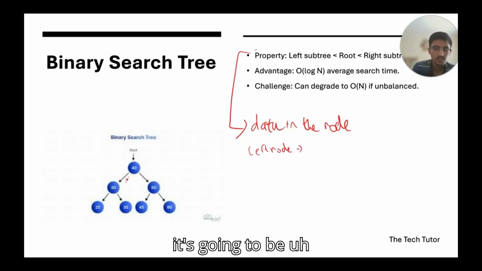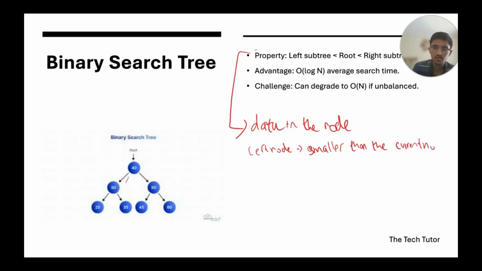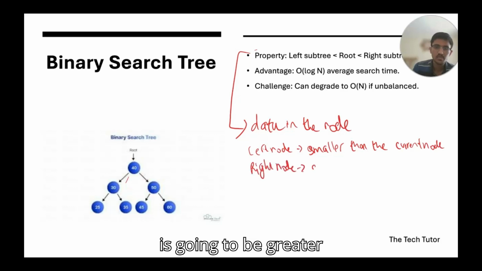is going to be smaller than the current node, whereas the right node is going to be greater than the current node.